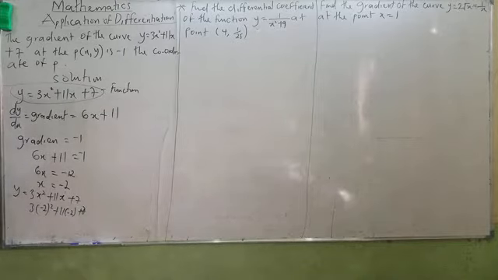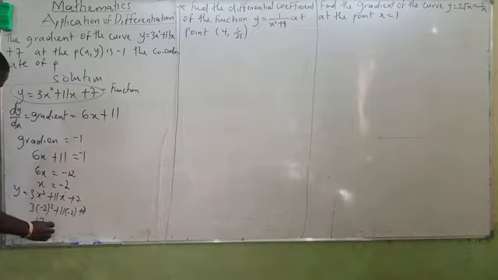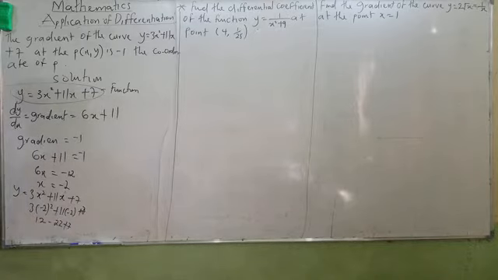This is 4, 4 times 3 will be 12, 12 minus 22 plus 7, which will be minus 3.